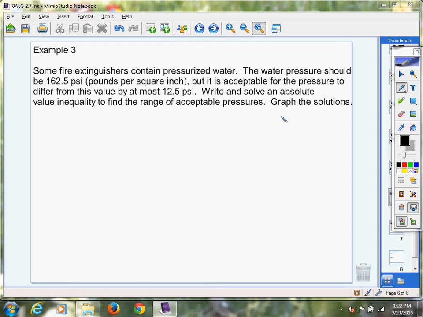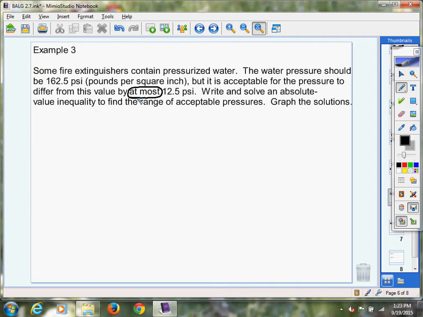Now my first question to you is, are there 2 words in the second sentence that tell you this has to be an inequality? Now I hope the answer is yes, and that you have circled at most. At most indicates an inequality. We've worked with these words before.